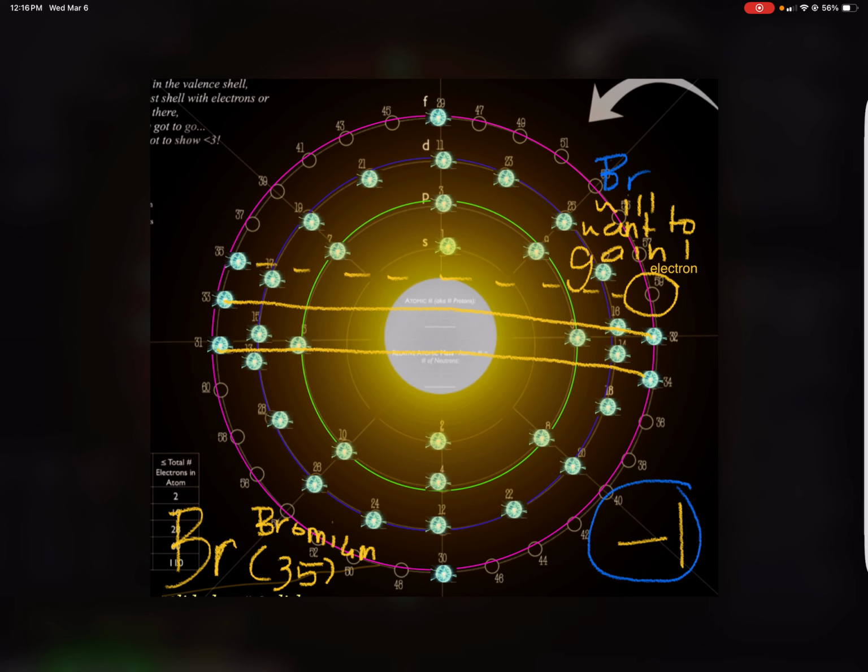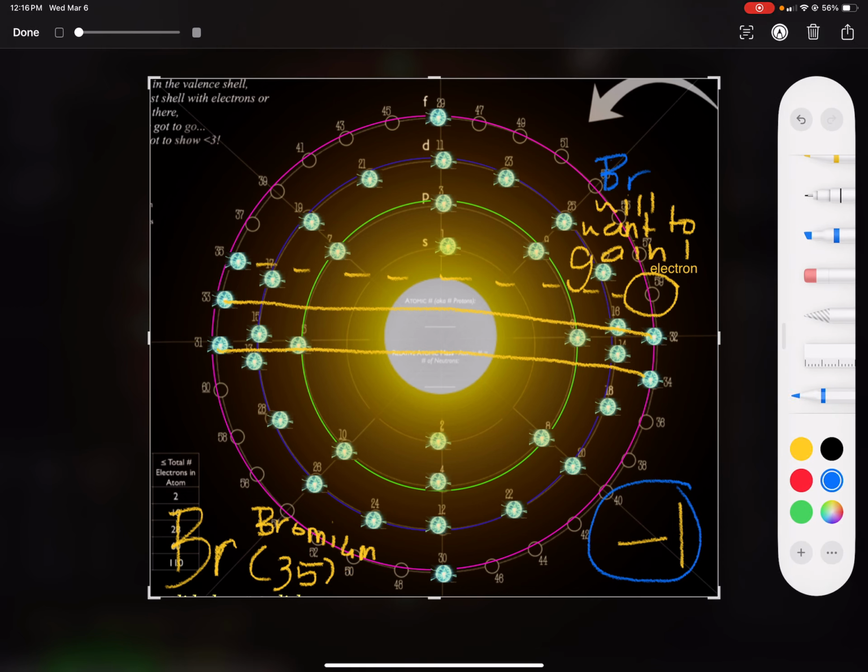Once it gains the electron, it's going to have one more, so it's going to have 36 electrons.